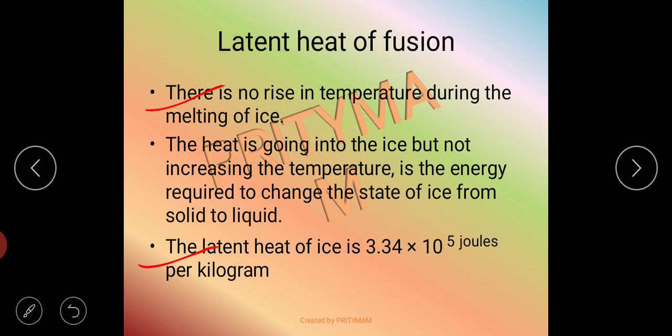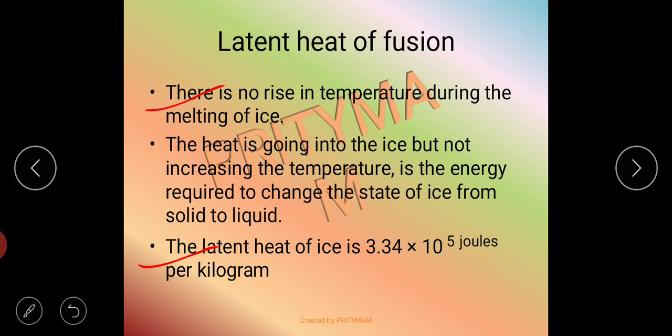Why does the temperature of melting ice not rise even though the heat is being supplied continuously? I will explain. Ice is a solid substance. So the particles of the ice attract one another with strong forces, and these forces of attraction hold the particles closely packed in the solid substance.